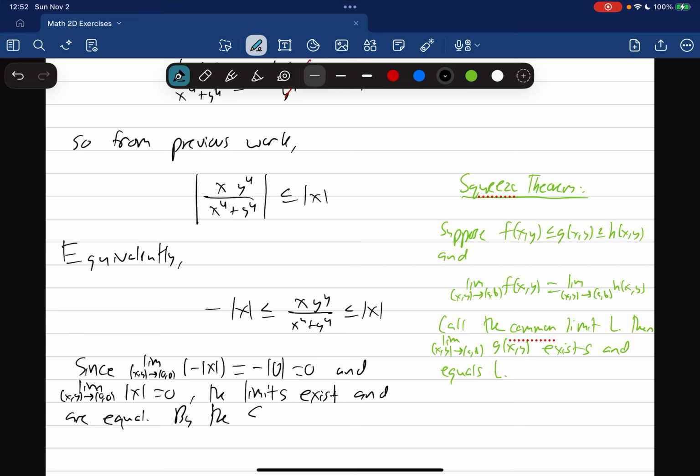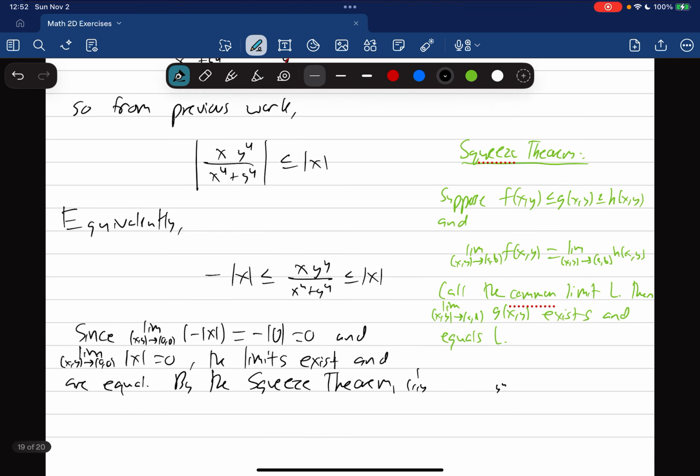So then by the squeeze theorem, the limit of our middle function, xy to the fourth all over x to the fourth plus y to the fourth. Let me clean this up, actually.